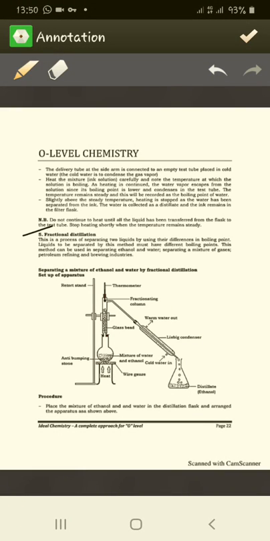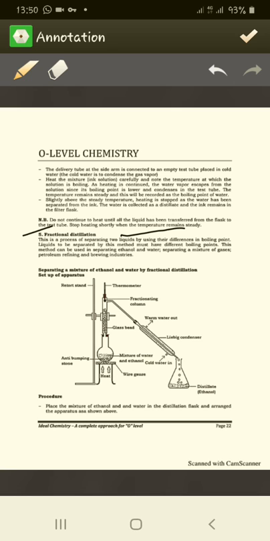NB, we are saying do not continue the heat until all the liquid has been transferred from the flask. Now, when the thermometer shows a constant reading, when the temperature is no longer increasing nor decreasing, that means you have reached the boiling point. So that's where you stop heating.